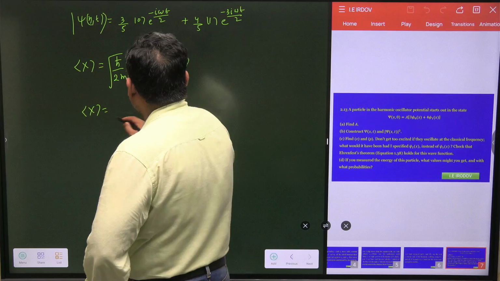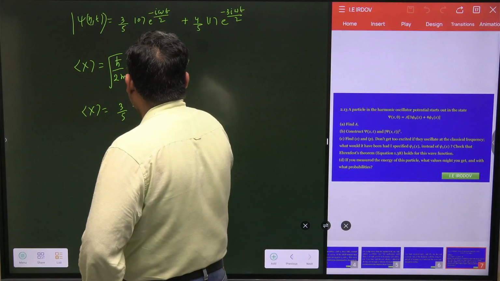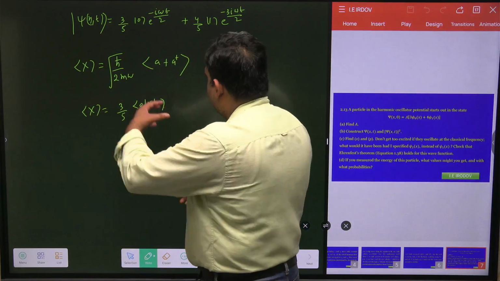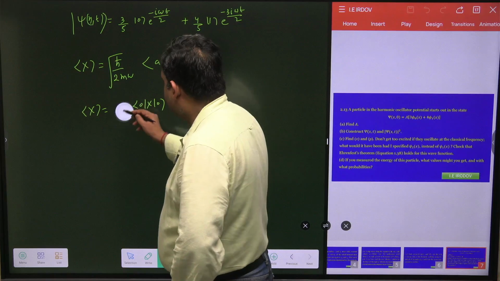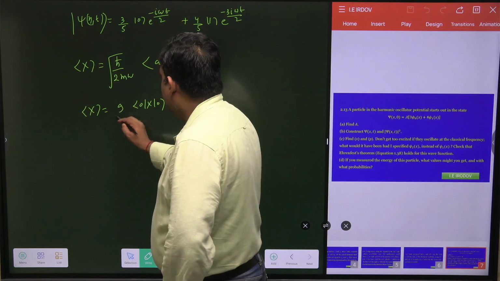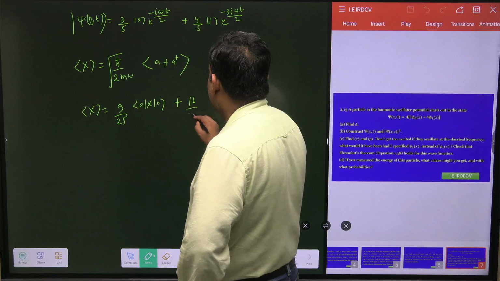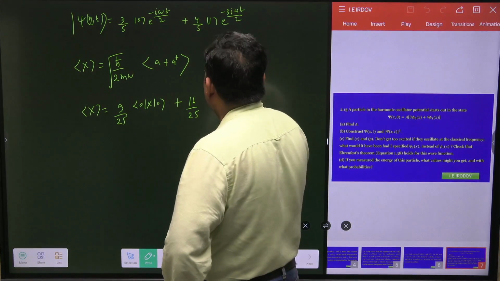Let us write it completely. So that value is 3 upon 5, 0, x, 0. And because we can apply psi from both sides, this will be 9 upon 25. Then we have 16 upon 25 phi 1, x, phi 1.